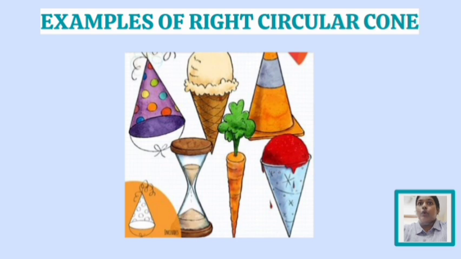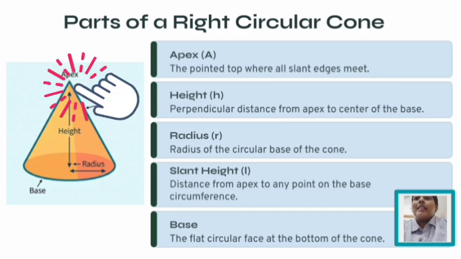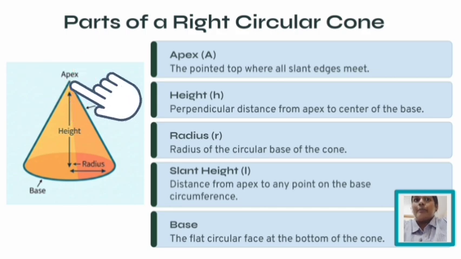Now that we know what a cone is and where we see it, let's learn the 5 important parts of the cone. Look at the diagram carefully. Number 1 is apex. This is the pointed top of the cone. The sharp tip at the top, we call it the apex. Number 2 is height.